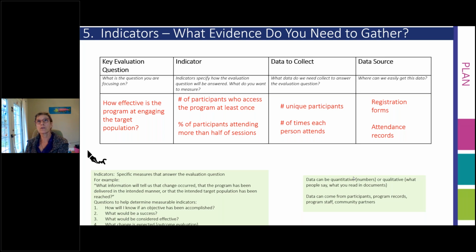And I also noticed earlier that too small a sample was one of the challenges to an evaluation. And having multiple sources actually helps with addressing that sampling challenge. Because when you have programs with small numbers, it is inevitable that you will have a small sample. And so having more than one data source is really helpful.